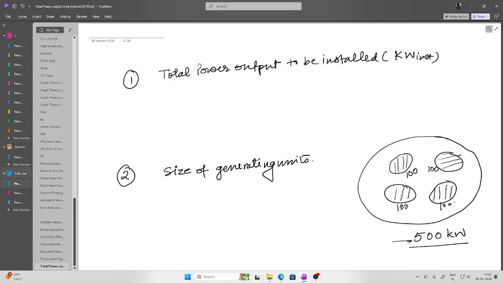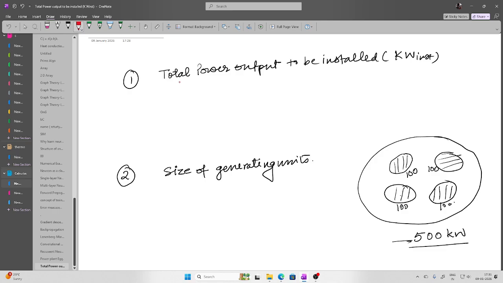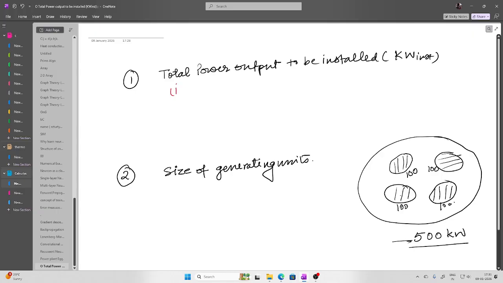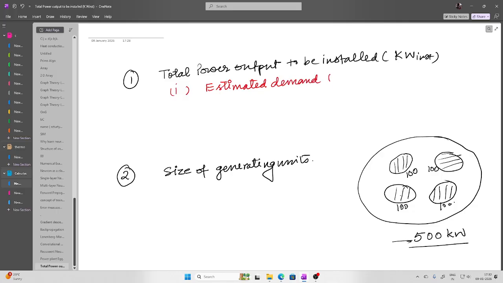So how is the total installation capacity of a power plant decided? The total installation capacity is decided first by the estimated demand, that is how much the demand is going to be in future.